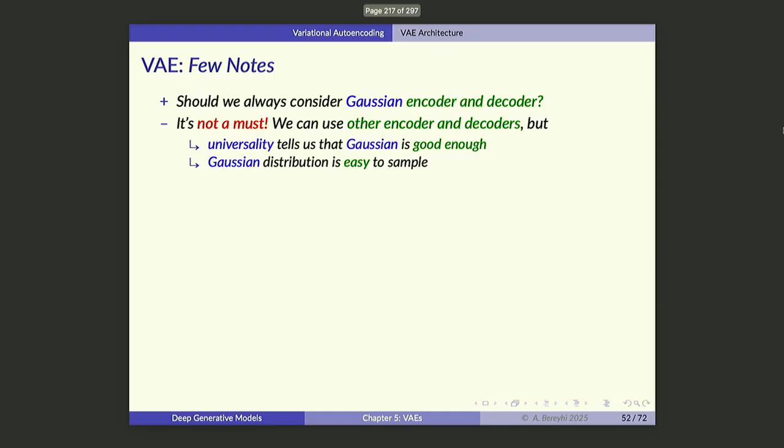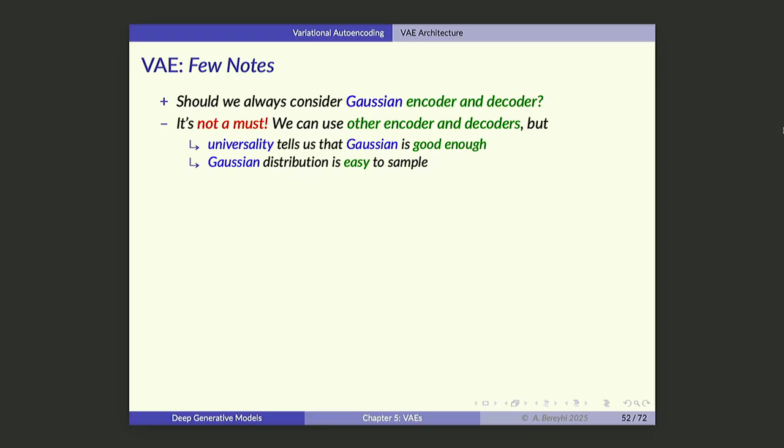Great. So one thing that you might ask me here is that when I'm doing encoding, decoding, if we think about a general variational autoencoder, are we always supposed to consider those conditional distributions to be exactly Gaussian? Of course not. This is not a must. If you have some idea, you can go ahead and do it.